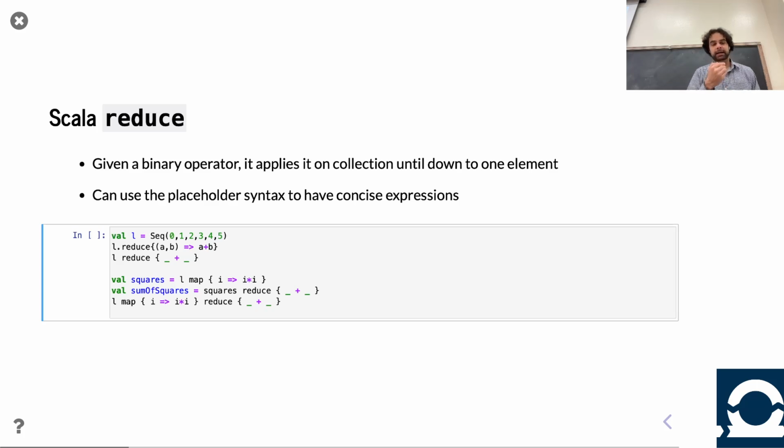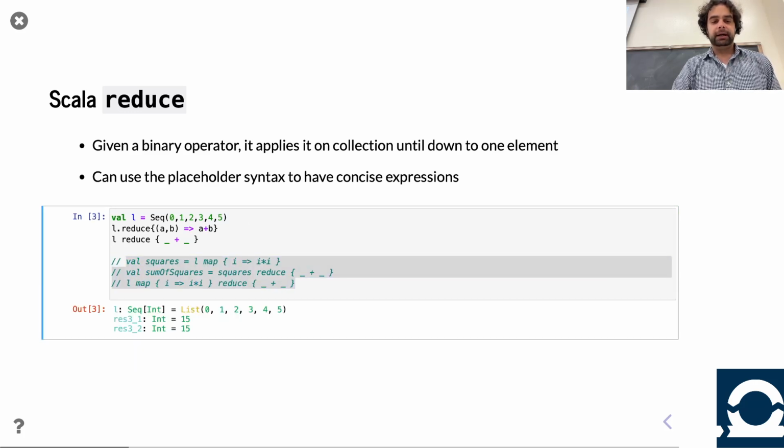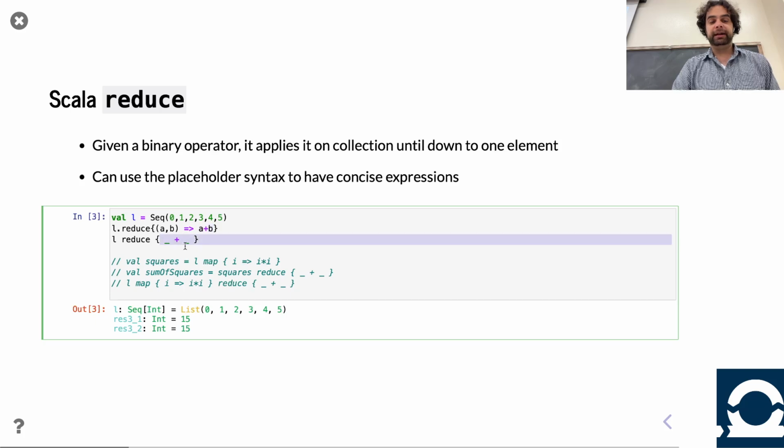So you can imagine, given a collection, let's just say a seq of 0 through 5, I say, hey, I want to reduce that. So these are all elements, and this reduce operator is taking a binary function, a binary operator. Notice how it expects two arguments, and I'm adding them together. Or I can use that spiffy placeholder syntax.